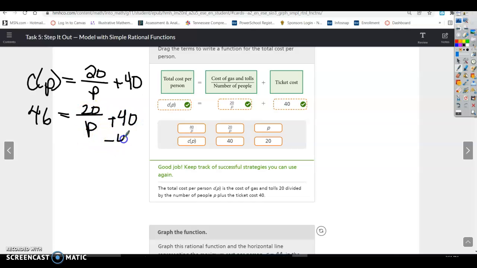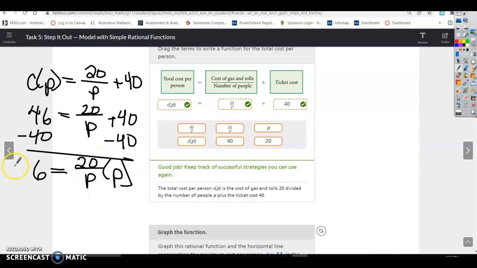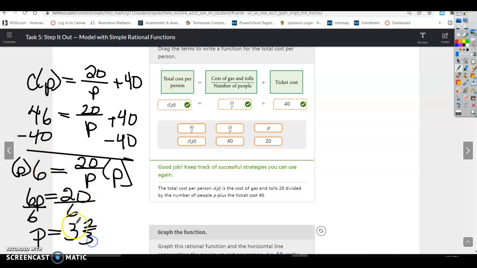So if we subtract 40, that's going to be 6 equals 20 over P. Let's multiply both sides by P. So we've got 6P equals 20. Divide by 6. So P equals 3 2/3. P represents the number of people.